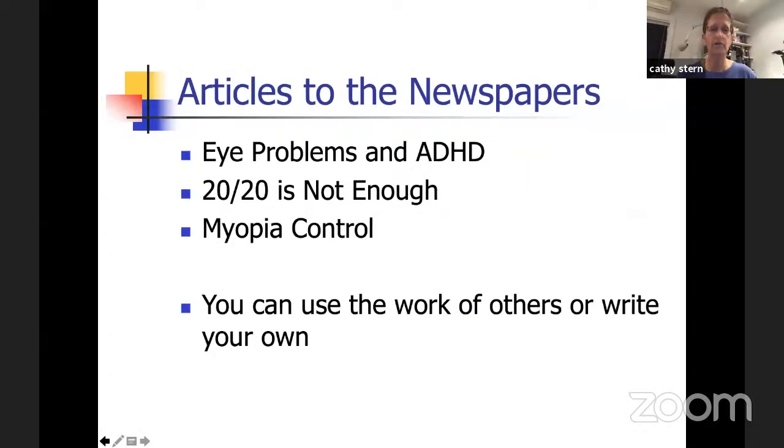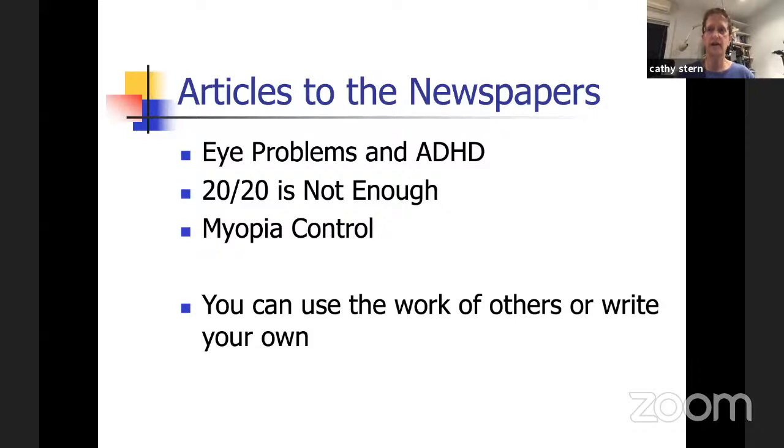So what are some other things? Well, if you want to get known, I know here, especially, some of our small community newspapers are looking for information and articles. So maybe once a month or once every few months, you could send them articles that are appropriate for that point in time.